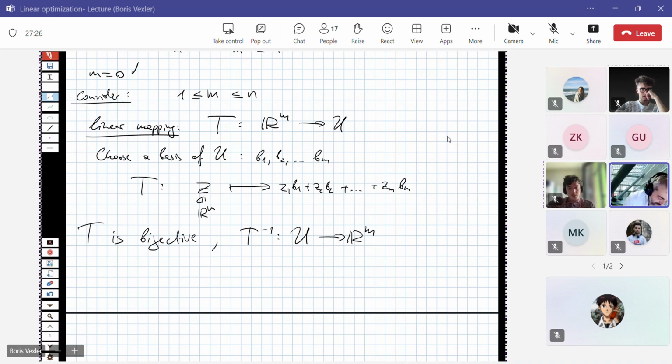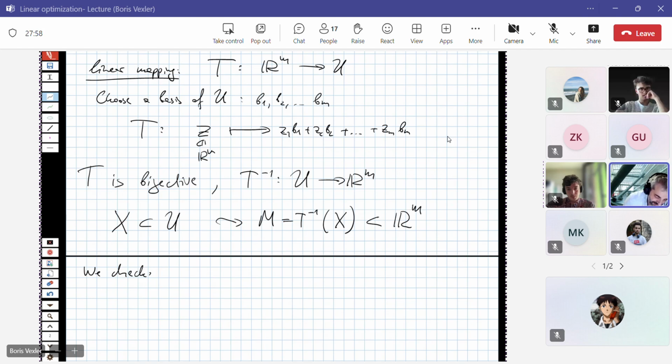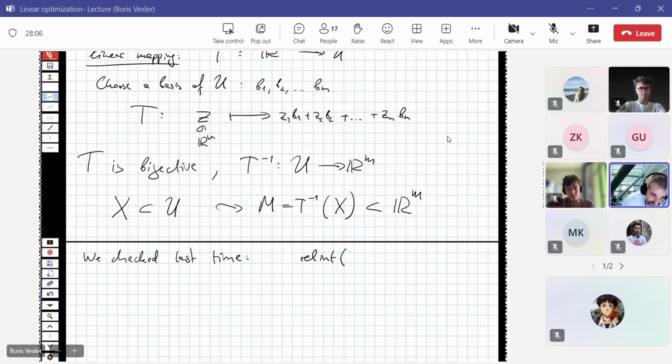What we discussed there: we have X is a subset of U, we know, and then we can apply T^-1 to X, this will be a set in R^m, call it M. And then we checked last time that the relative interior of X is the same as T applied to the interior of M. And also X bar is the same as T applied just to M bar. This is what we checked last time.